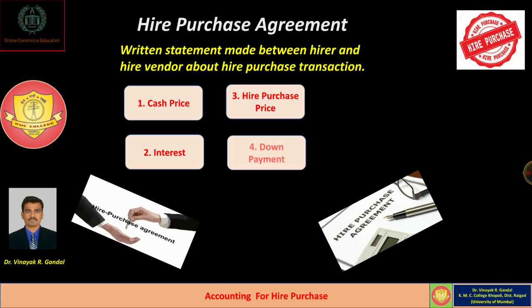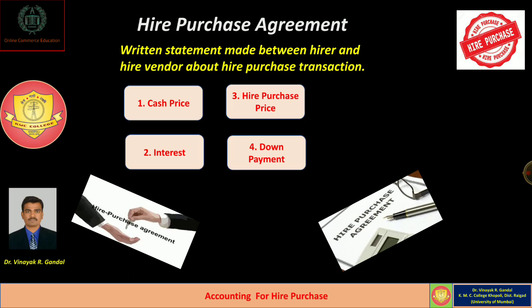Fourth concept is down payment. Normally in hire purchase system, there is a procedure to make an initial or minimum amount payment at the time of signing the agreement to the hire vendor. Down payment is the initial amount payable at the time of signing the agreement.